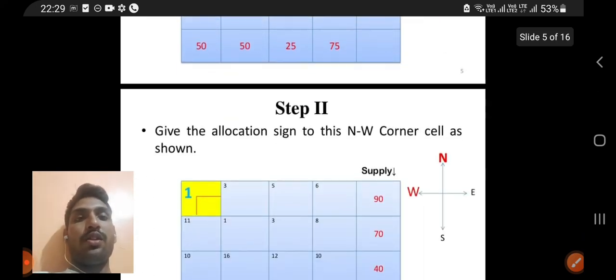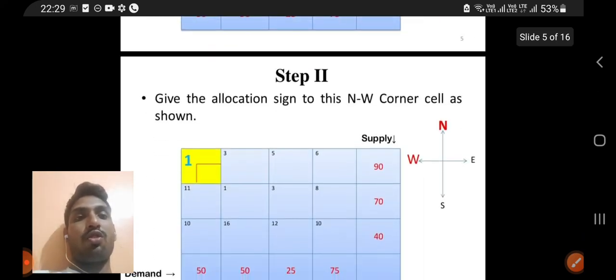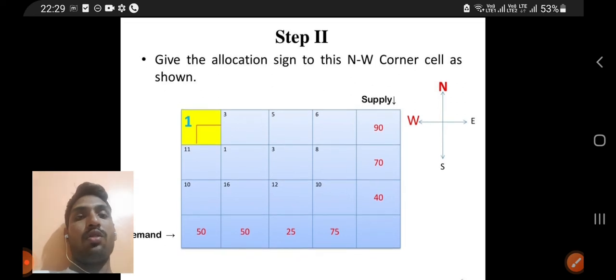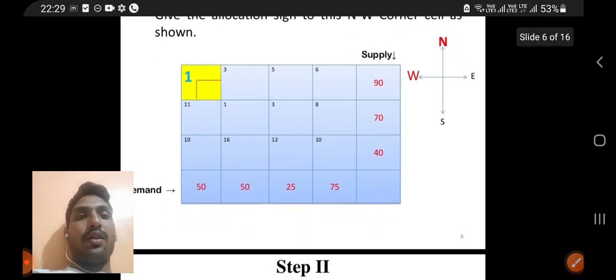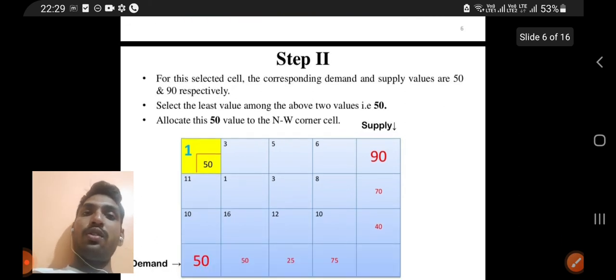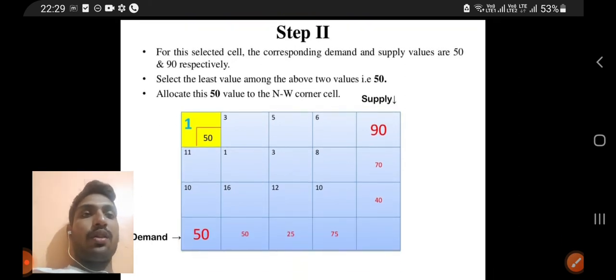So in step 2, we make the allocation in the northwest corner cell as shown in our slide. For this selected cell, the corresponding demand and supply values are 50 and 90 respectively. So we select the lesser value of supply and demand.